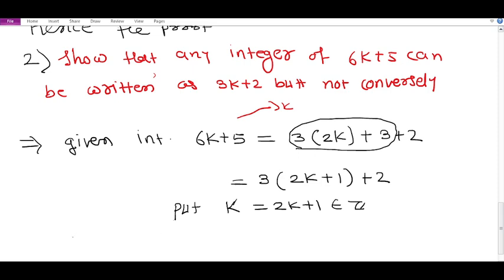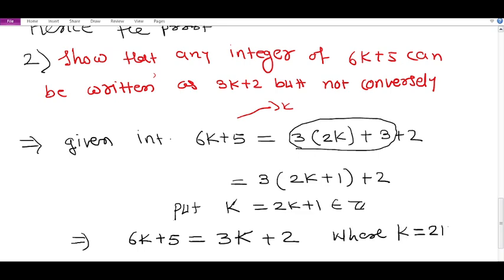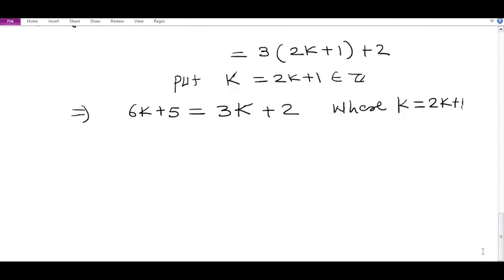So this implies 6k plus 5 can be written as 3 times capital K plus 2, where K is equal to twice k plus 1. Hence the proof.